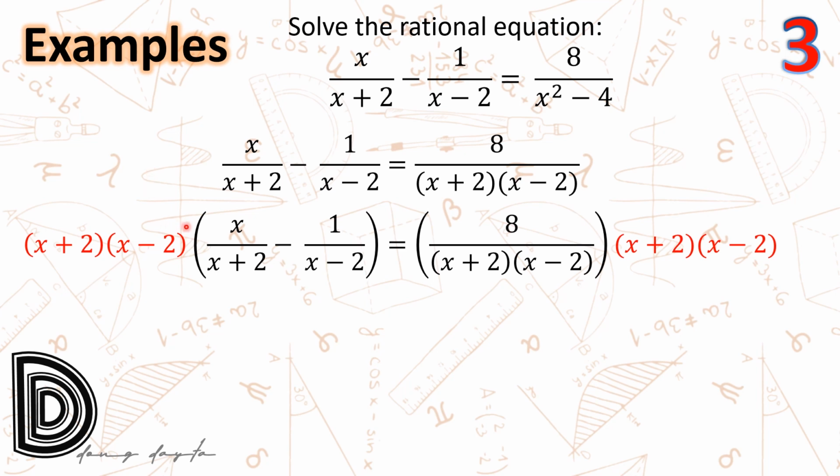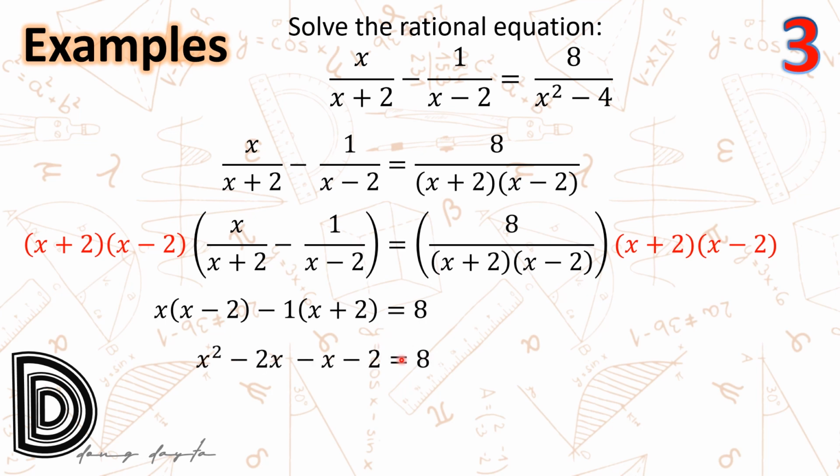Then we have x times x minus 2 minus 1 times x plus 2, because x minus 2 cancels. On the right hand side, all the denominators cancel. We will have 8. By distributive property, we have x squared minus 2x minus x minus 2.